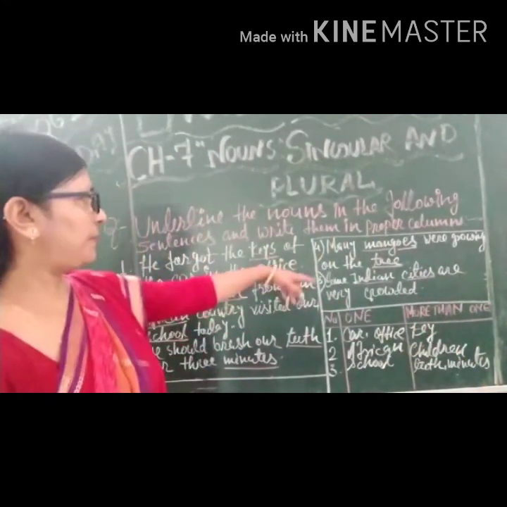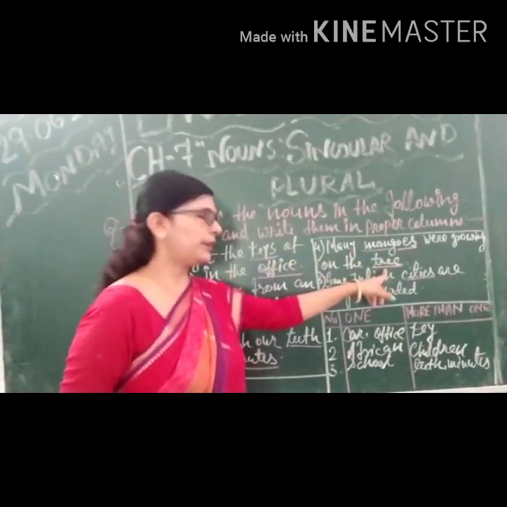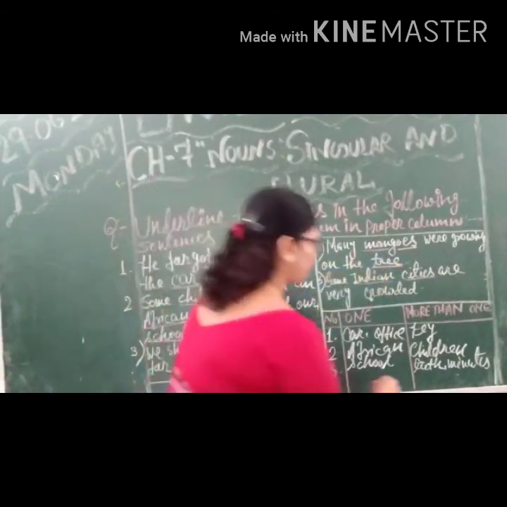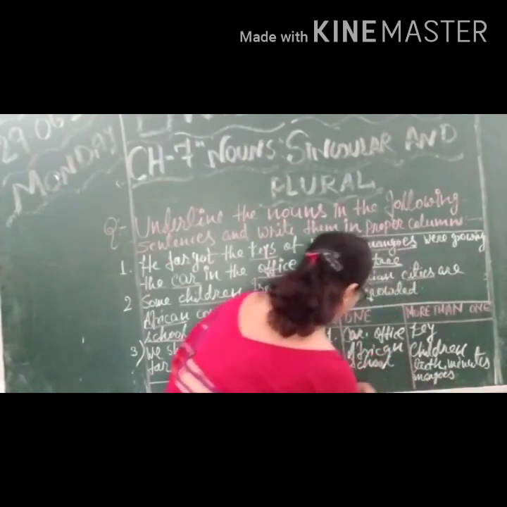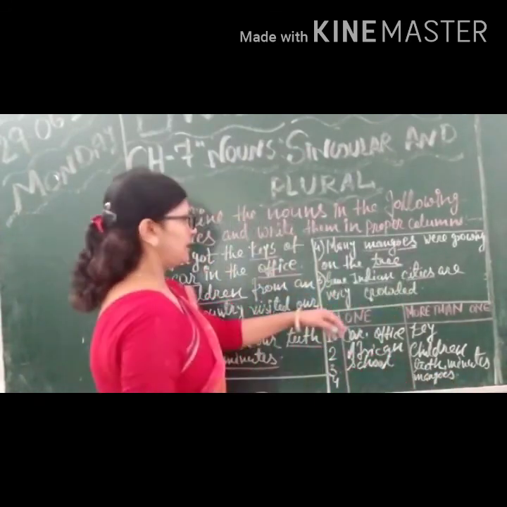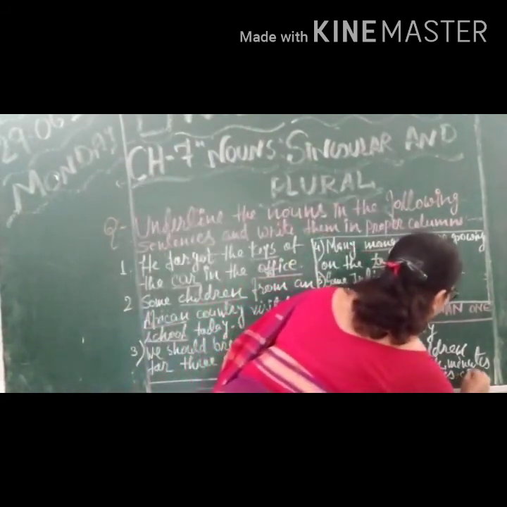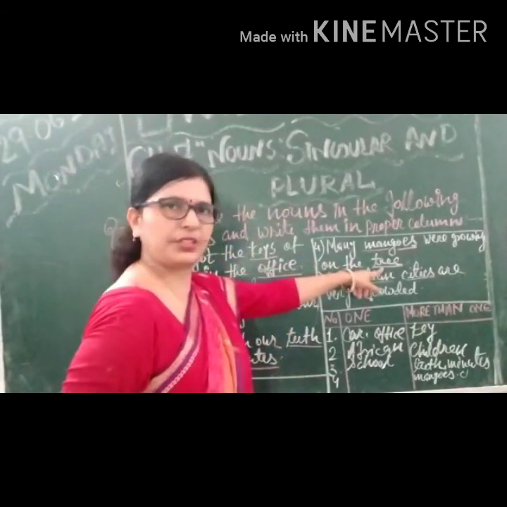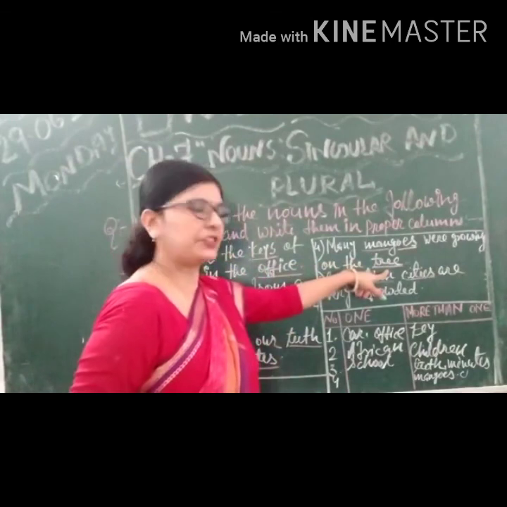Now question number 4, you can see here: Many mangoes were growing on the tree. So here mangoes is known as a plural form. Sorry, there is only tree in the fourth sentence besides mangoes.